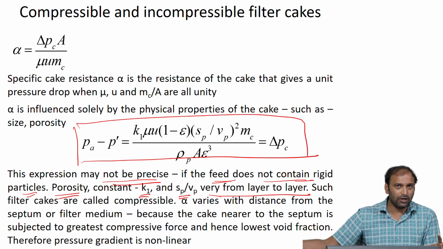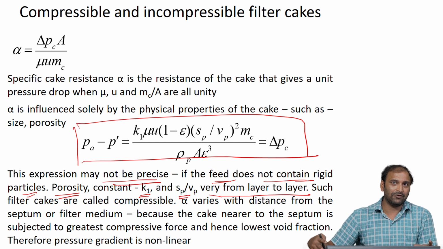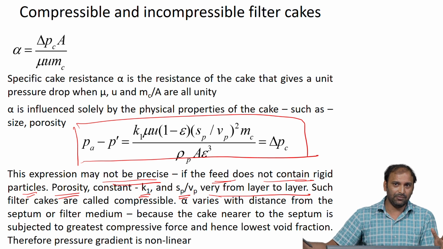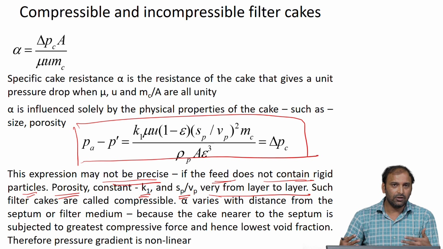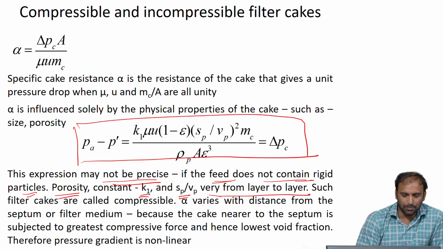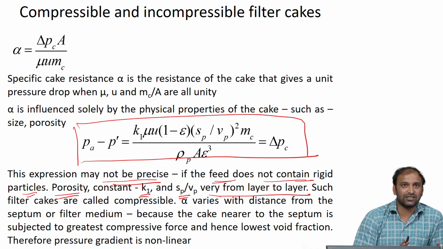Or if you have applied a larger pressure drop across the filter medium, there could be a compaction of the cake, which will lead to spatial variation in the porosity. Therefore, I may have to worry about non-linearity in such cases.